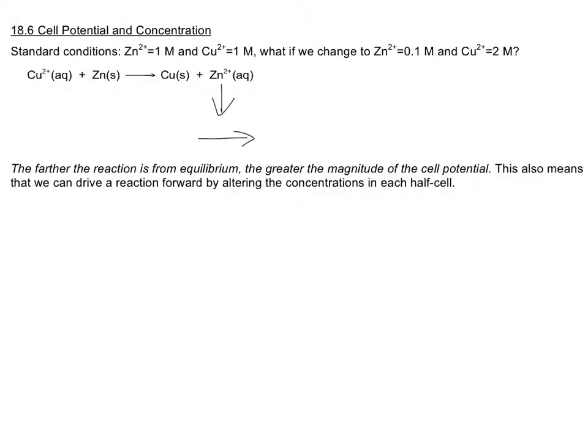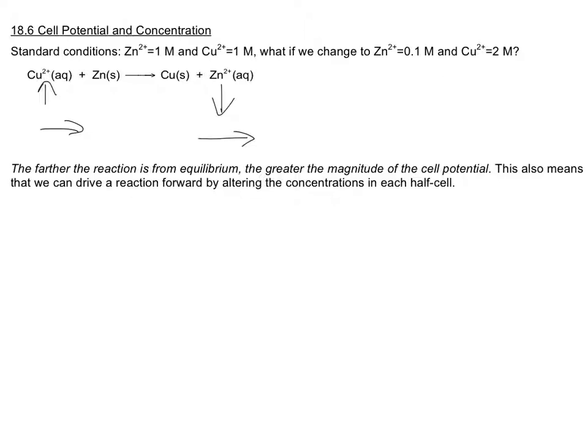So if we remove product, then we're going to shift the reaction toward the products. And at the same time, if we increase the amount of copper 2+, that's also going to shift the reaction to the right. So if we want to force a reaction to go even further to the products, we can do that by increasing concentration of reactants and decreasing concentration of products.